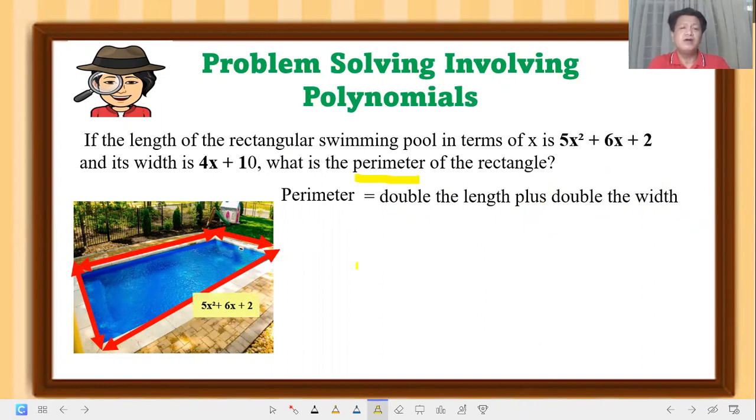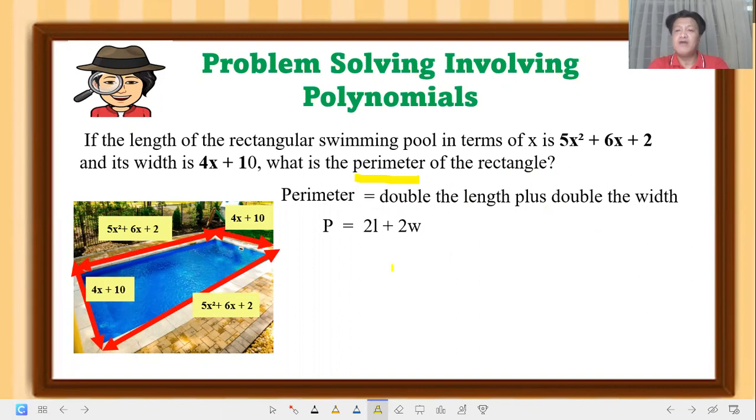But before that, let us label first: 5x squared plus 6x plus 2 is our length, and this is our width, 4x plus 10. Same with this one, because their distance is the same. Translating the verbal phrase to a mathematical phrase, we have 2 length plus 2w. That is the formula to get the perimeter of a rectangular swimming pool.